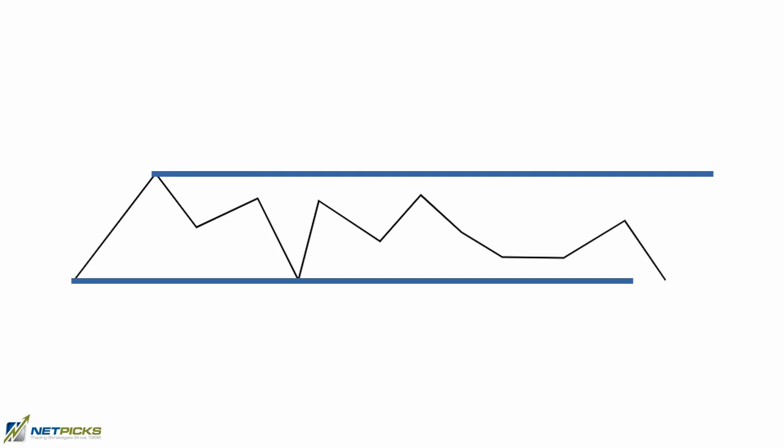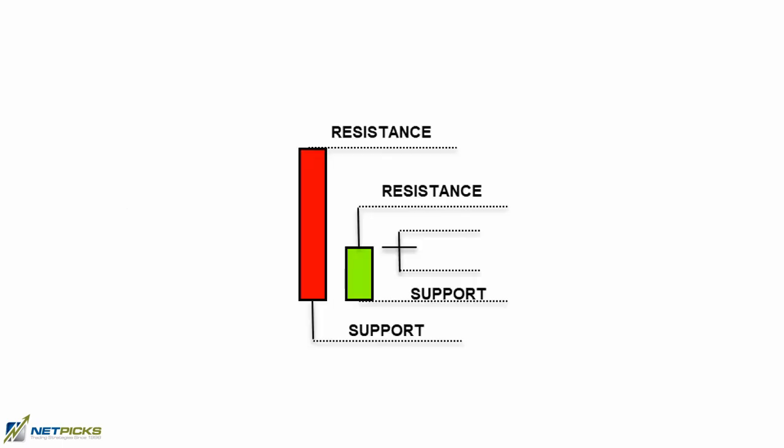When we look at ranging price action, we're missing the main ingredient in how these setups work, which is momentum. We need momentum. We need to have a strong imbalance of buyers or sellers to break the short-term support or resistance levels of the inside candles. Okay, these levels are just the high and low of each candlestick.